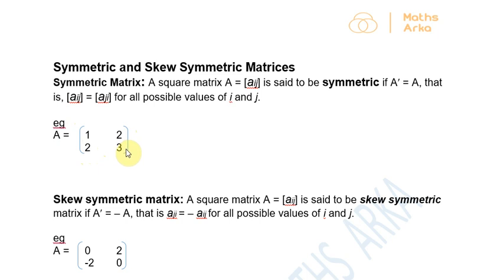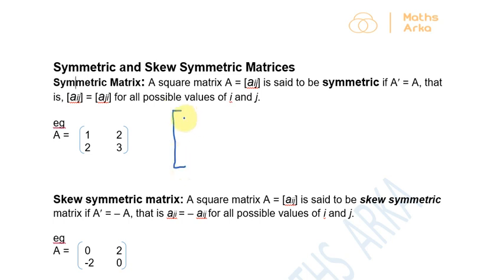Consider a mirror over here: whatever is here, the same image should also be here. In the example, 2 is here and the image also is 2. If we have a three-dimensional matrix, suppose this is our 3 cross 3 matrix.